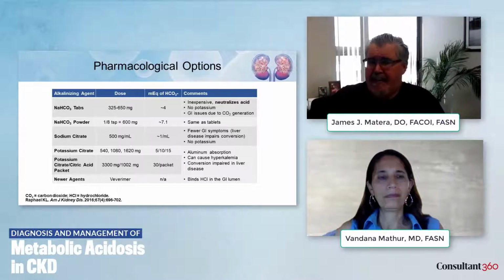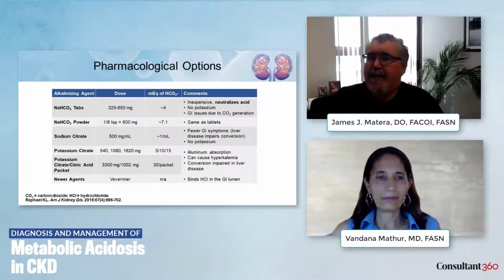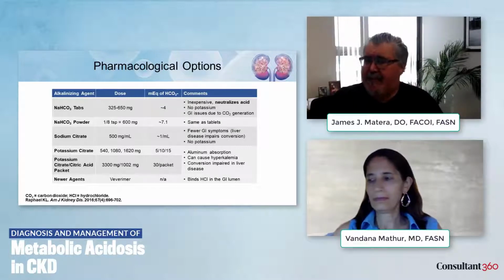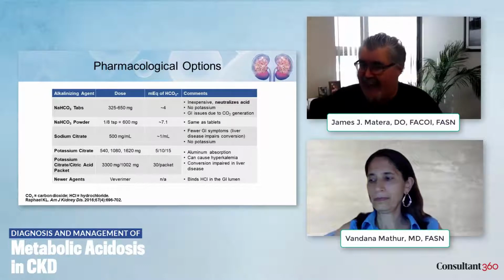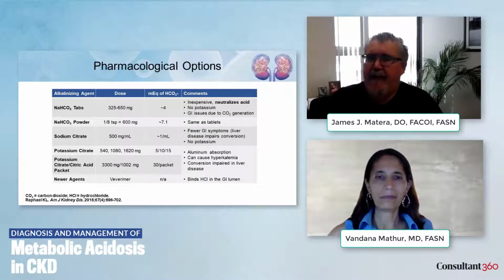Our next two, potassium citrate, whether it come in the pill form or a citric acid packet, they do have the potassium in there, and they also use citrate as the agent that needs to be converted in order to buffer. There is some aluminum absorption that occurs here because it's bound to potassium instead of sodium. That dissociation can lead to some hyperkalemia, and we have to be careful on that. And again, the conversion can be impaired in liver disease.